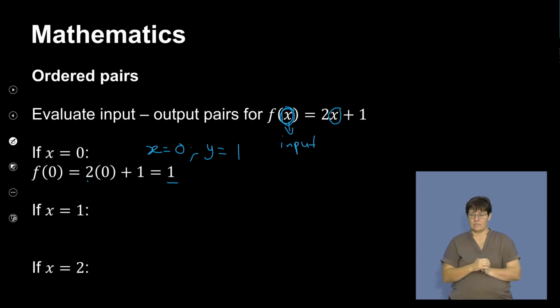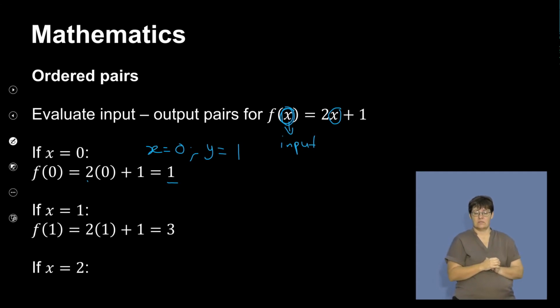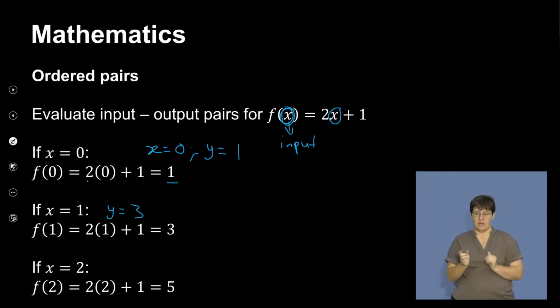Then the second one, if x is equal to 1, it means it's f of 1, then it becomes 2 multiplied by 1 plus 1, which will then be 3. So if x is 1, then my y is equal to 3. And then the last example will be if x is 2, it means it's f of 2.